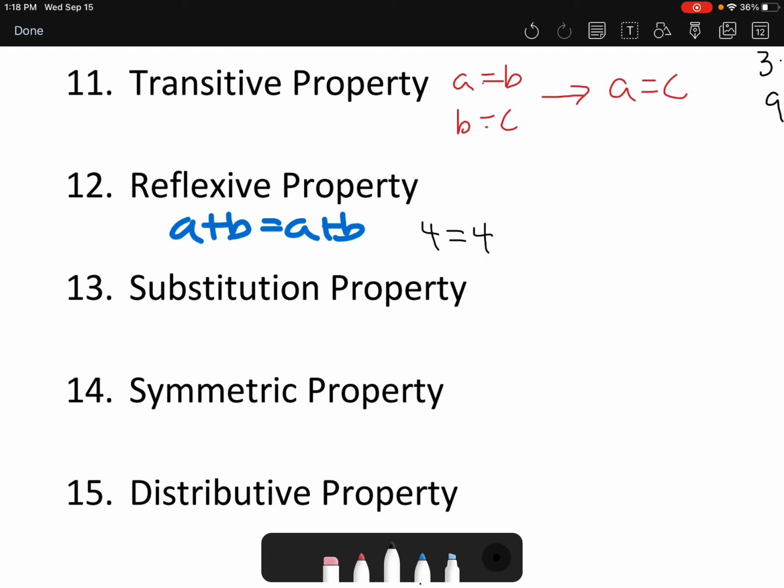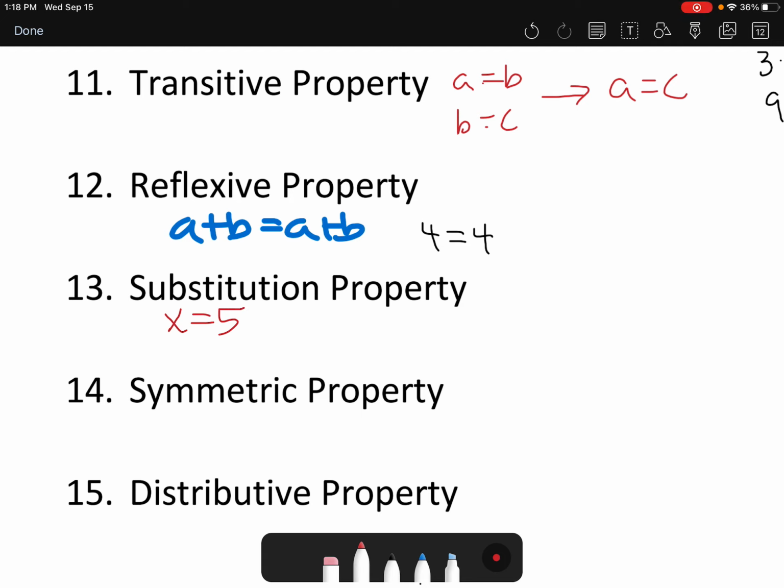Up next, the substitution property. The substitution property says if A equals B, then A can be replaced by B. So think about this example that was in your notes. We can say that X equals 5.